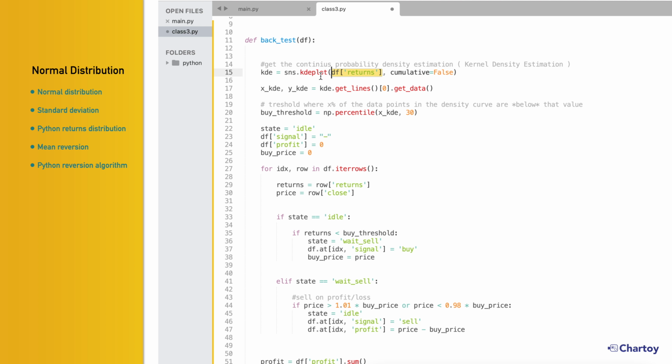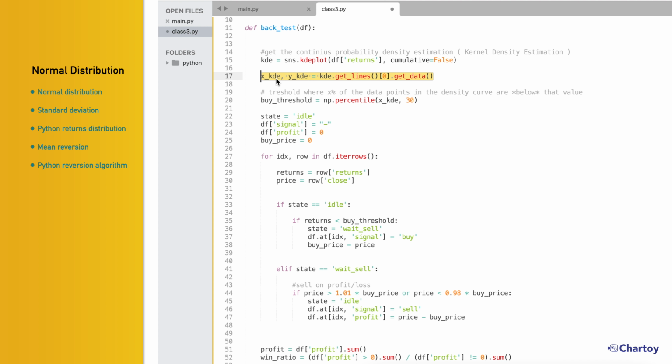So we are going to give this function the returns, because we want to find the returns distribution. Later, once we have that, we are going to ask for the x and y axis of this KDE, so we can use them later.